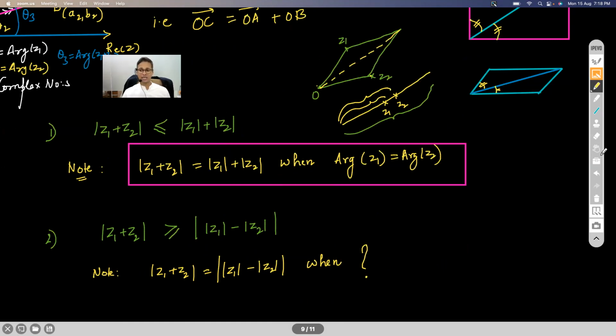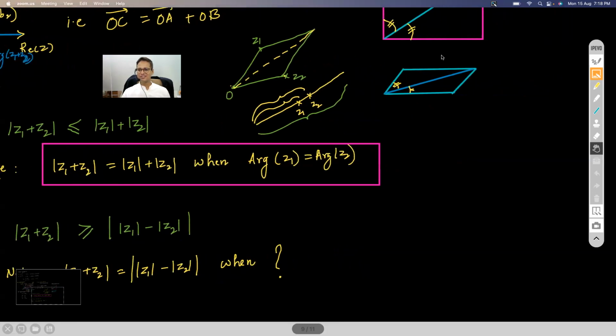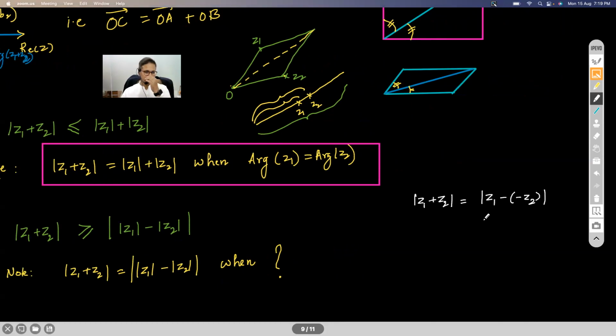Now can we try to answer this question? Anyone? Basically what I'm trying to ask is, when is the distance between z1 and minus z2 equal to the difference of the distances of z1 and z2 from the origin?